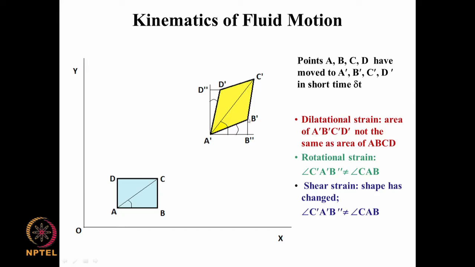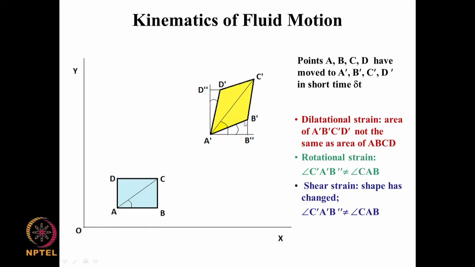So, these are the new positions of the same particles after short time delta t. Now, if you join them by linear lines, then you can see that the initially rectangular cross section has become more like a parallelogram, but it can be anything, it is a quadrilateral.